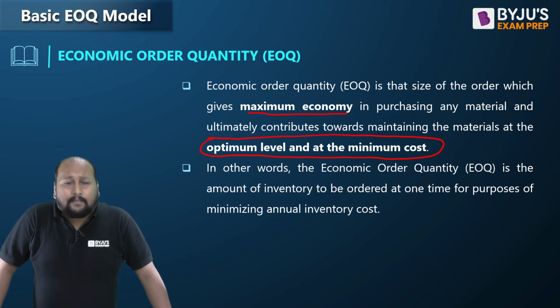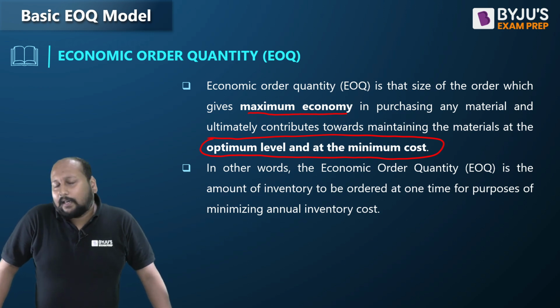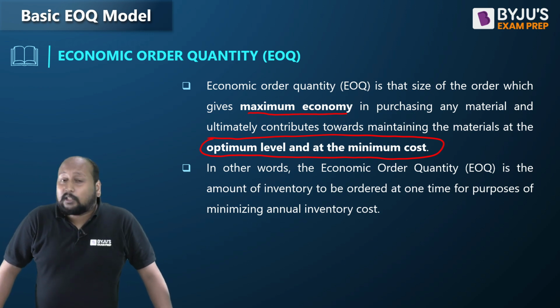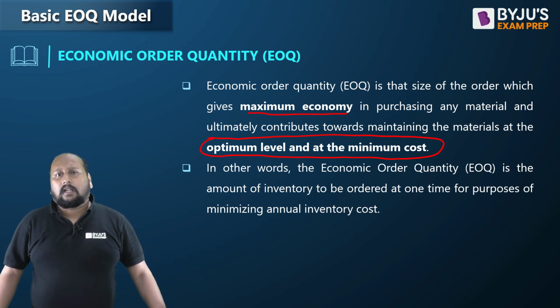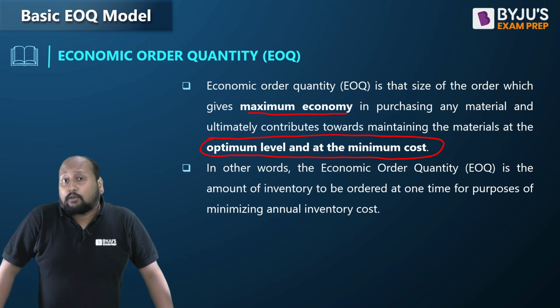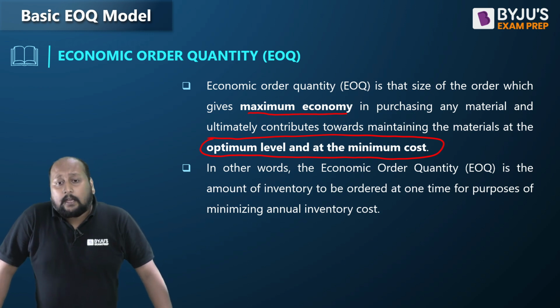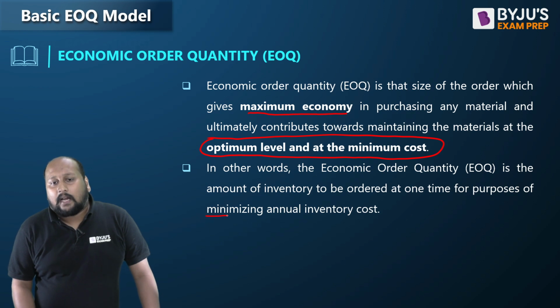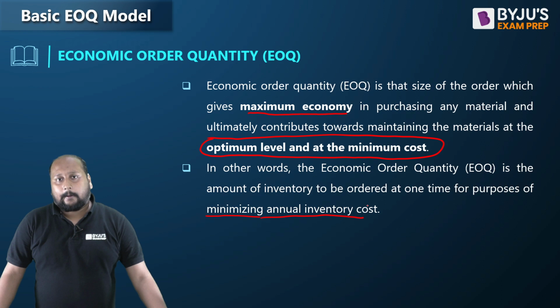If you have clarity in this, you won't have any difficulty in understanding the other models. That is the reason we are putting much effort into understanding the basic EOQ model. Other models we will discuss in later stages, but before that you should know about this particular model. So economic order quantity is that quantity at which the annual inventory cost will be minimum.